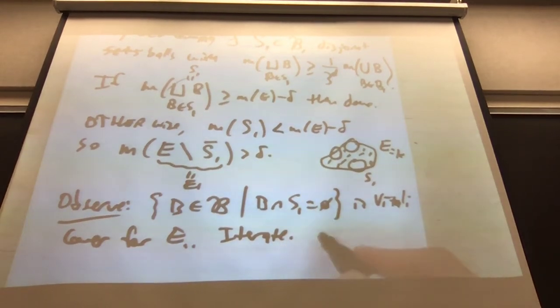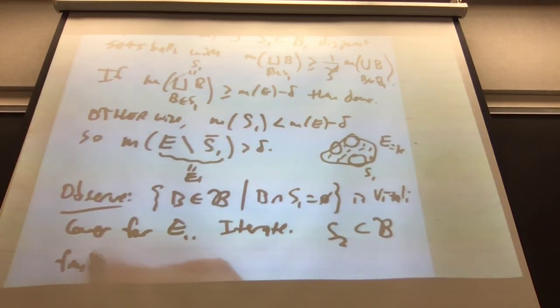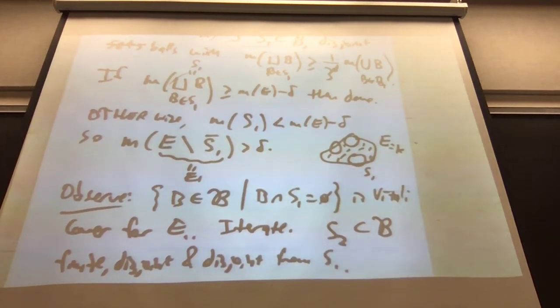So then I find S2, which is a subset of B, finite, disjoint, and disjoint from S1.